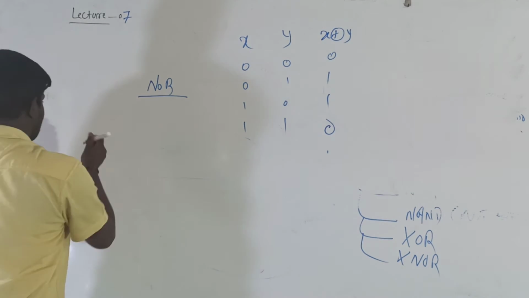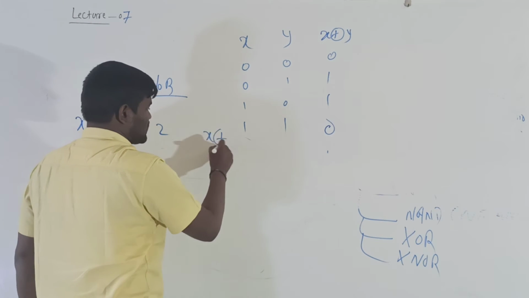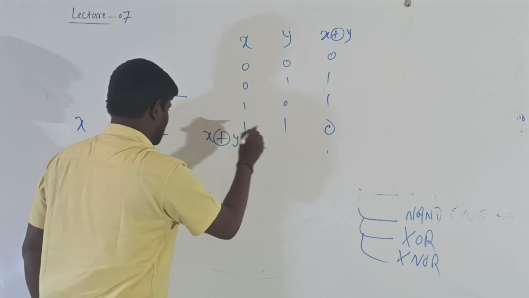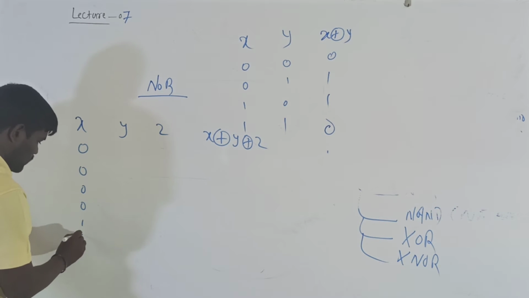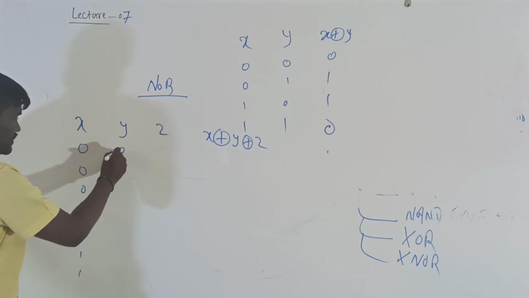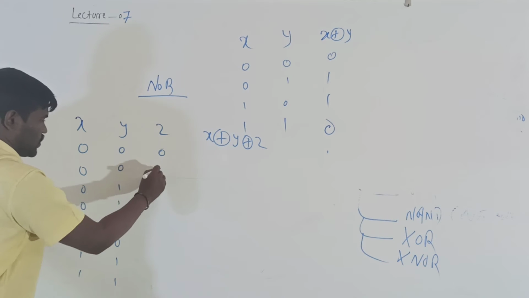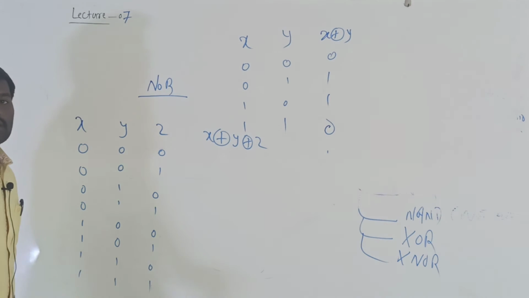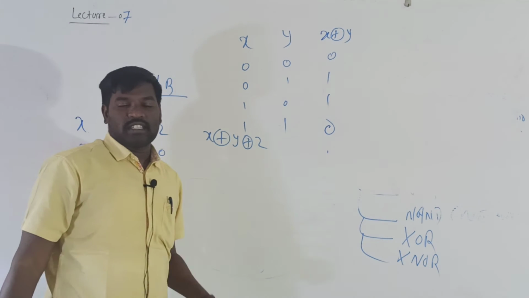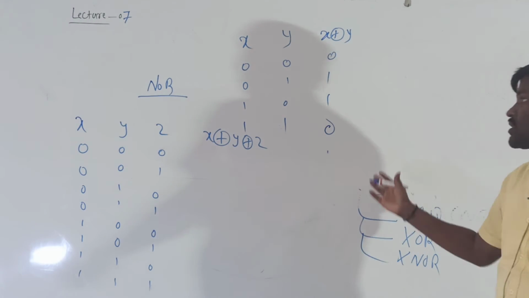I write x, y, z, and finally x plus y plus z. See here: 0 0 0 0 1 1 1 1, 0 0 1 1 0 0 1 1, 0 1 0 1 0 1 0 1. For 2 variables, it is very easy to write the XOR truth table.